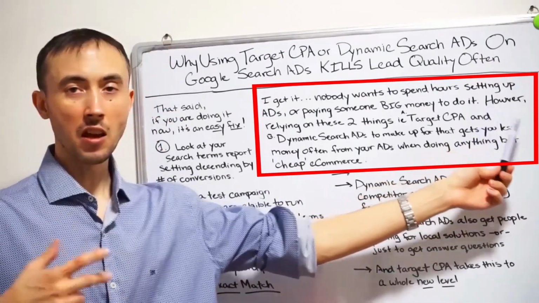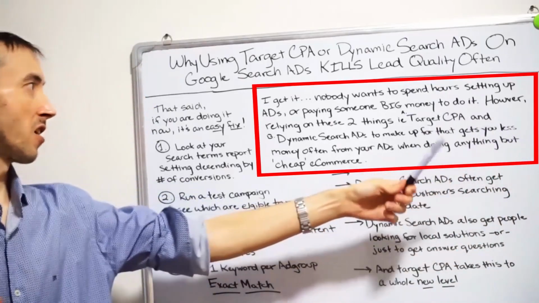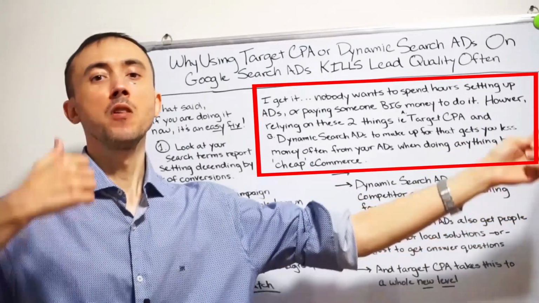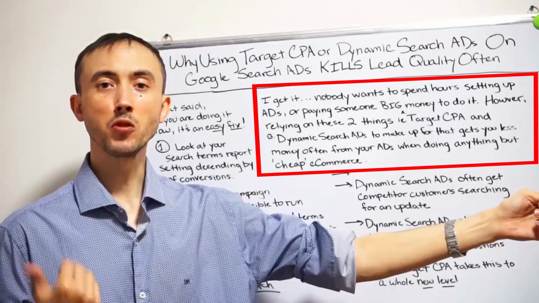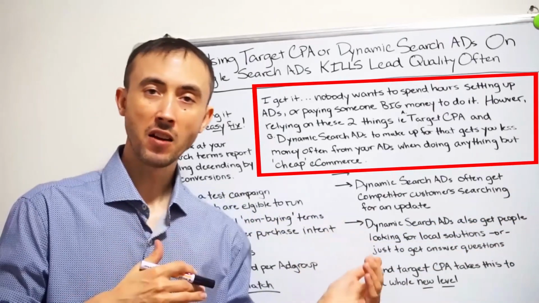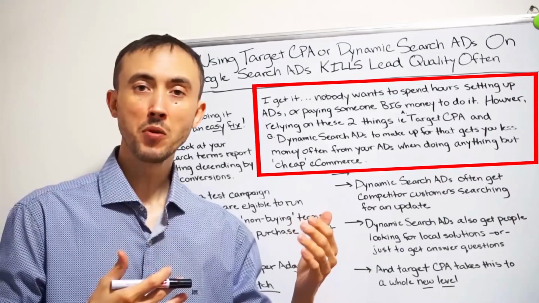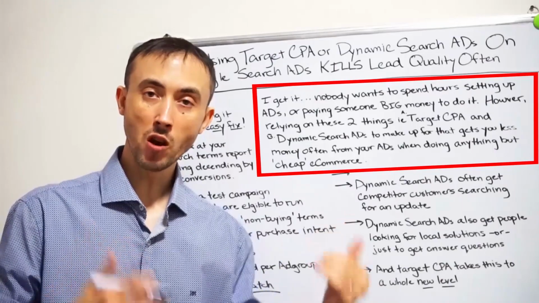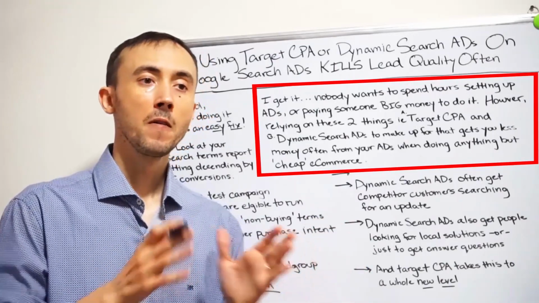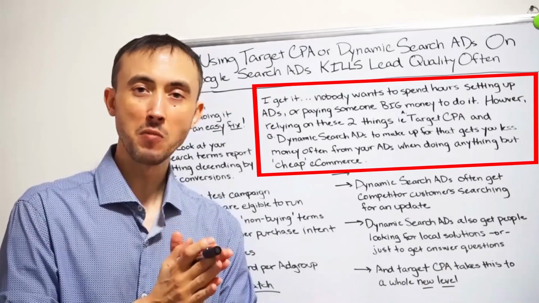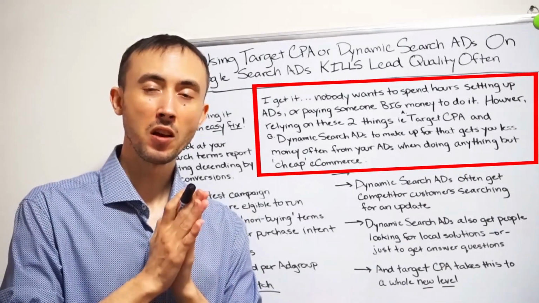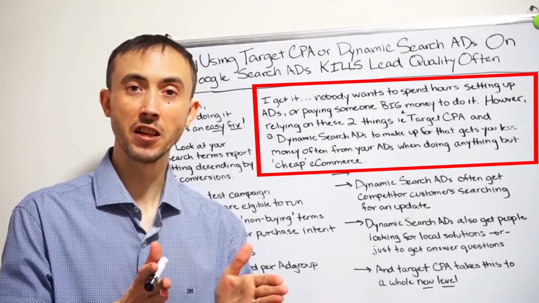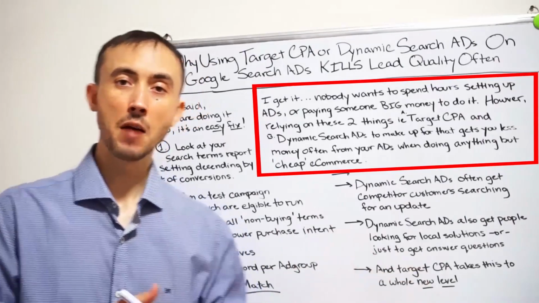In regards to the topic at hand, dynamic search ads and Target CPA, you don't want to pay somebody, so you try to do it yourself. When you do it yourself, people try to take shortcuts. Going a step further back, 90% of people who try Google Ads are never going to make money. Either they don't know they're not making money, because they don't have good tracking set up and don't know what they're supposed to be paying for a conversion, so they run their ads blissfully ignorant, or they're just straight up not making money.